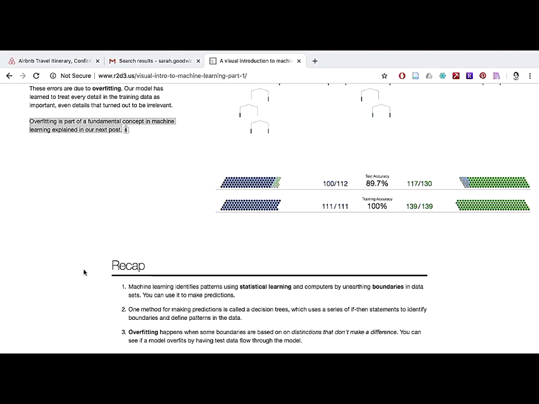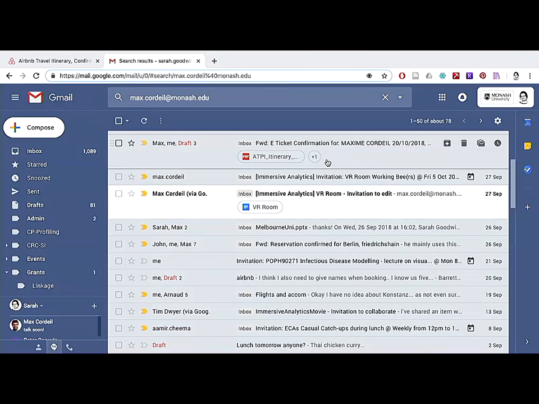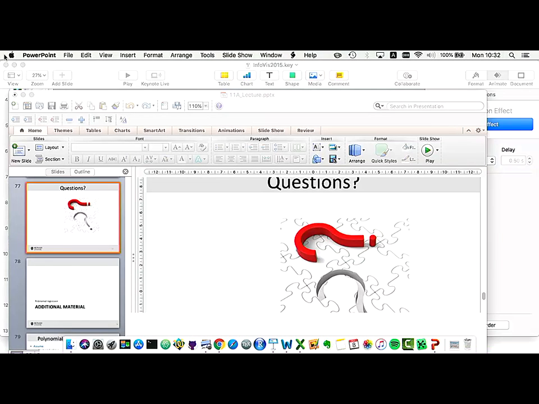This has some really nice ways of doing that. Anyway, it's called R2D3. There are always good examples.